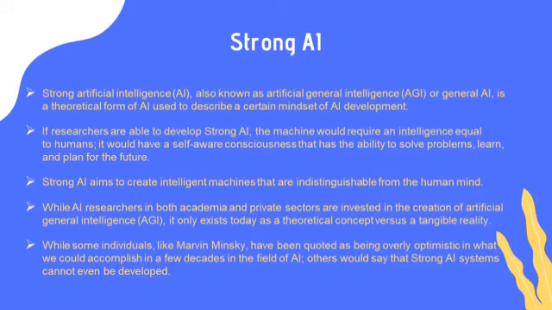While some individuals like Marvin Minsky have been quoted as being overly optimistic in what we could accomplish in a few decades in the field of AI, others would say that strong AI systems cannot even be developed. But I think strong AIs can be developed in the upcoming years.